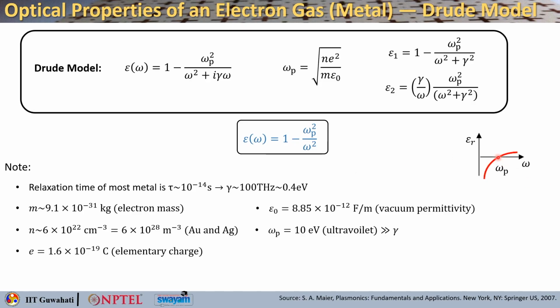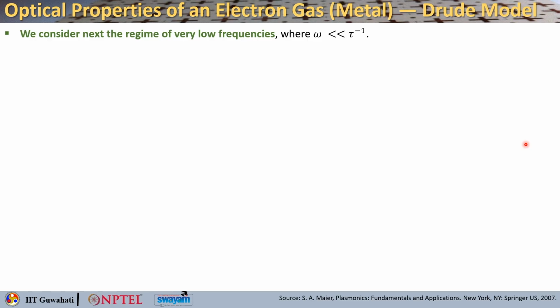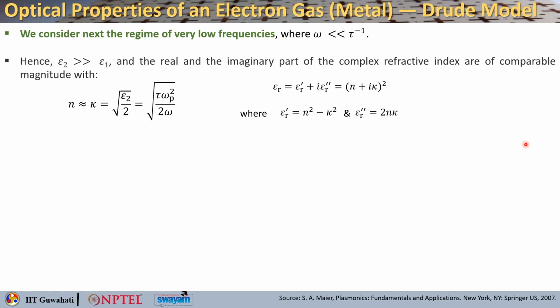With that, what we understood is that this is the region of vast interest, because below this frequency the metal behaves like a shiny metal. Beyond this frequency the metal will become transparent. Now we will consider very low frequencies, where omega is much less than 1 by tau, that is your gamma frequency. 1 by tau is nothing but gamma, the damping frequency.